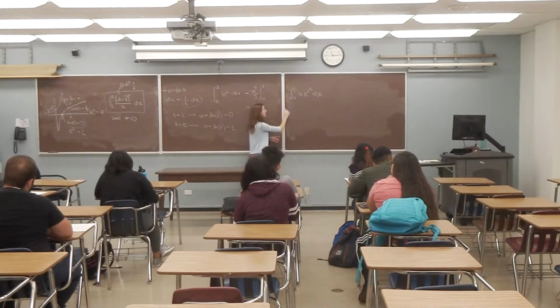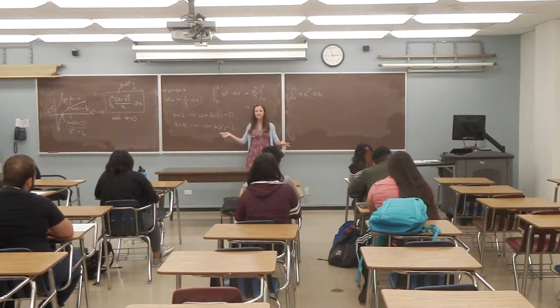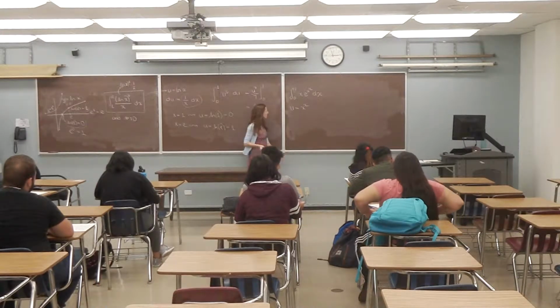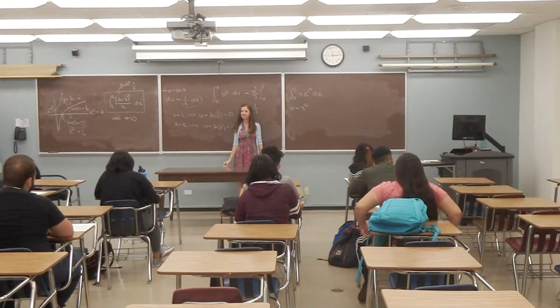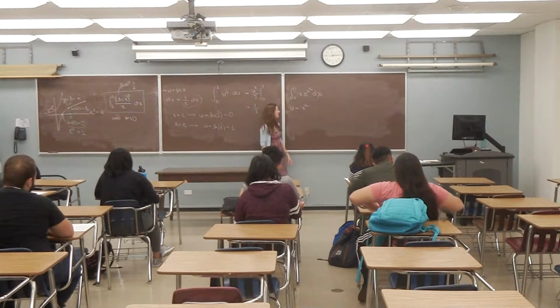This problem, right? What do we try for u? X squared. Why is that a good u? Because it's a function inside of a function. X squared is inside of the e.